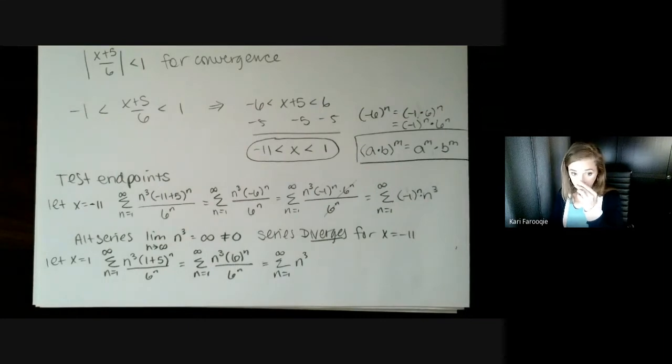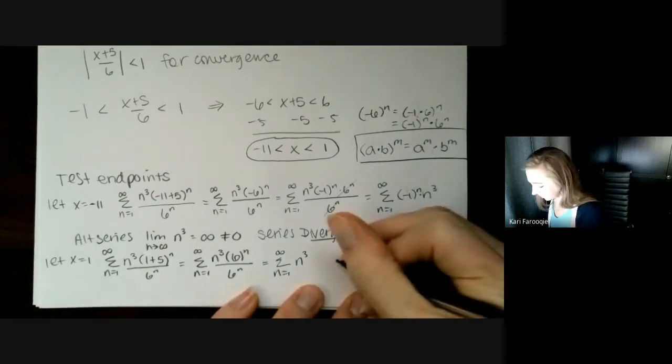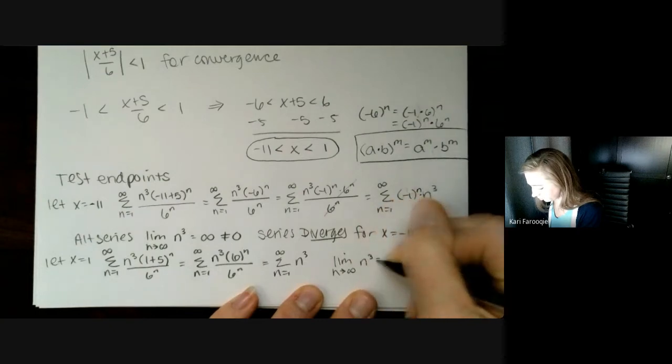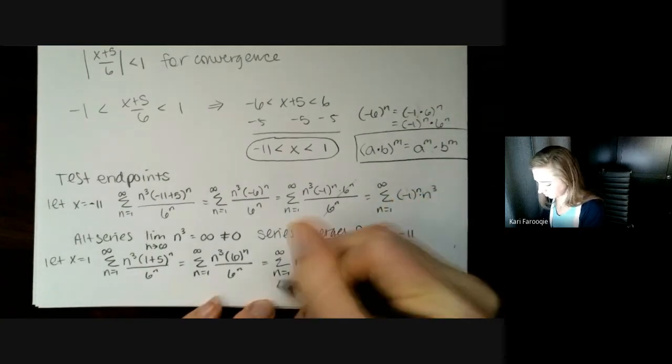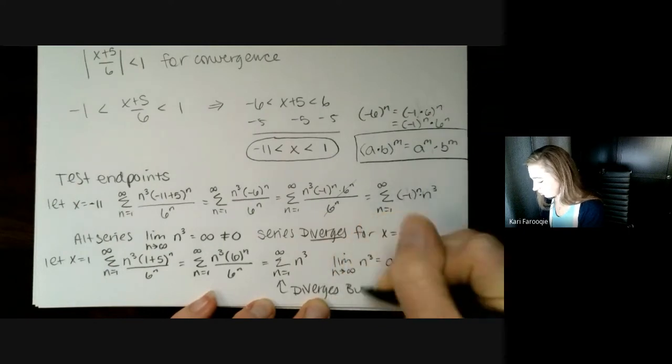And here you can use the divergence test. I feel like most of us are going to look at this and you're like, yeah, clearly this is going to diverge, but you have to show me why. The limit as n approaches infinity of n cubed is infinity. So this one diverges by the divergence test.